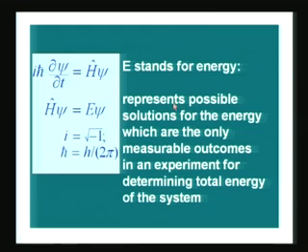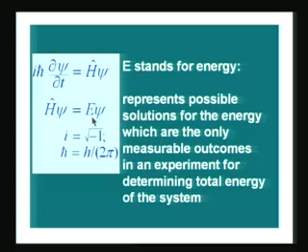The next important fact which we have to pay attention to is the quantity E in H psi is equal to E psi. E stands for energy. You know, the Hamiltonian represents the total energy of the system, therefore whatever is the dimension of psi, E must have the dimensions of energy.